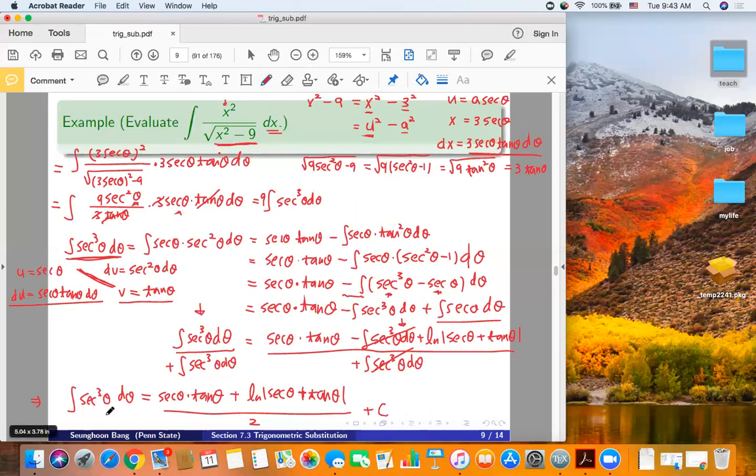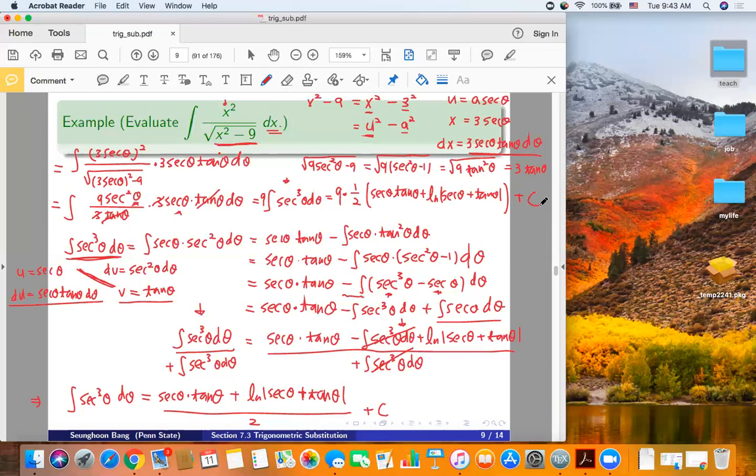So you have to put this value into here. This is the same as what? 9 times, so this one is 1 over 2. So we have secant theta tan theta plus the ln of the absolute value of secant theta plus tan theta, whole thing, plus C. So we have it.